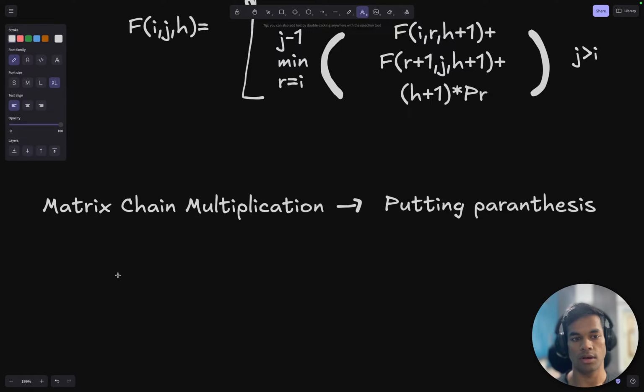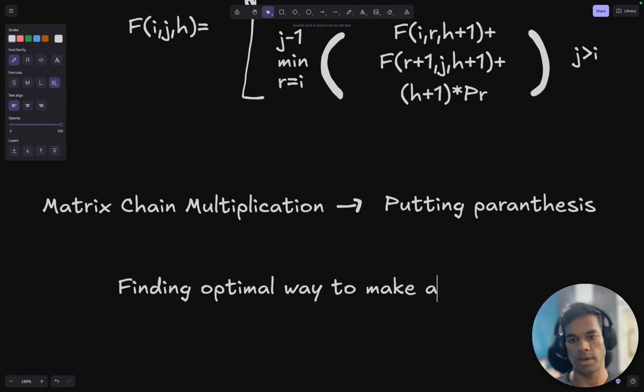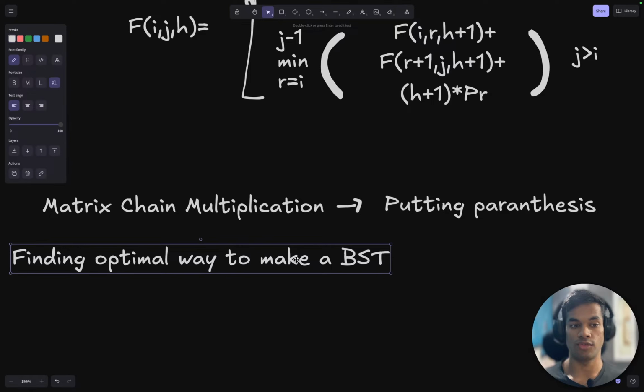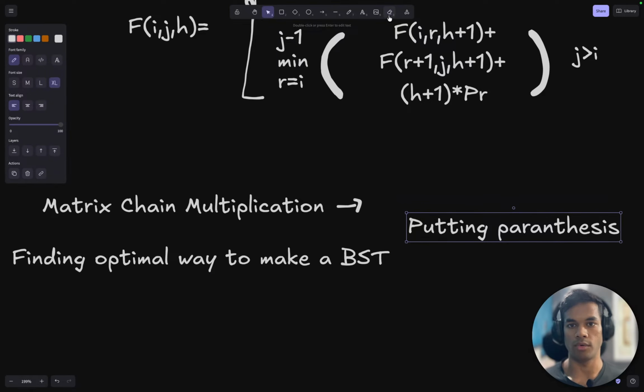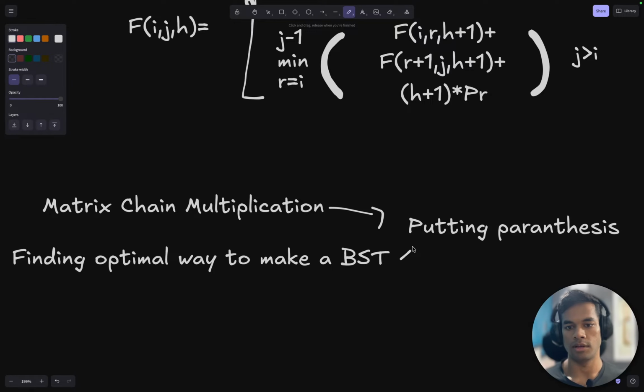And this problem can be boiled down to finding the optimal way to make a binary search tree, like a BST, which can also be boiled down to putting parentheses. These two are equivalent and therefore they are isomorphic.